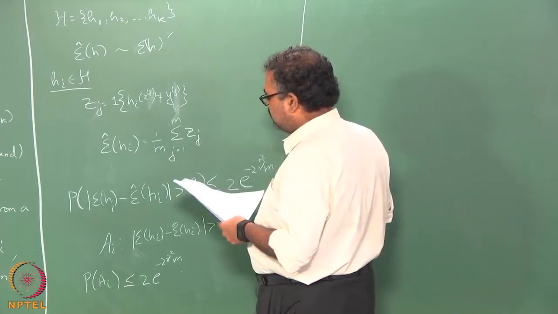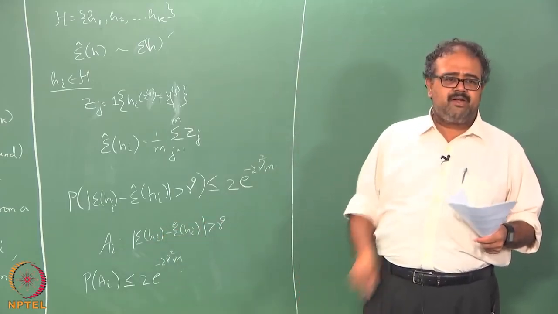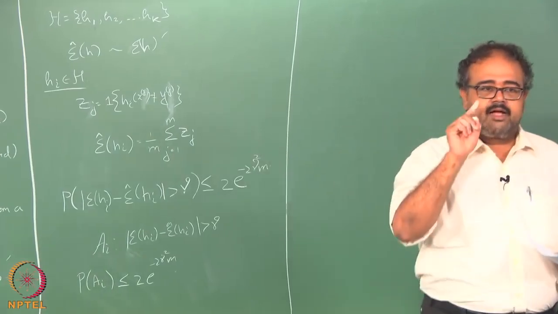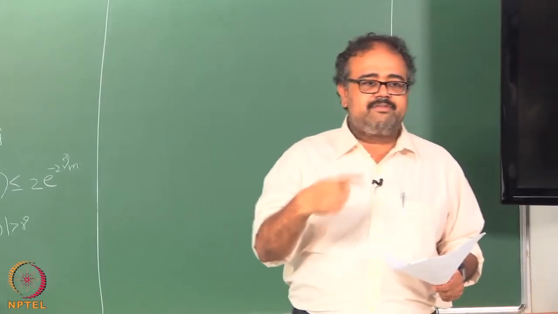So now I do the union bound. What is the union of A1 to AK? What does it mean? At least one of them giving a higher error.